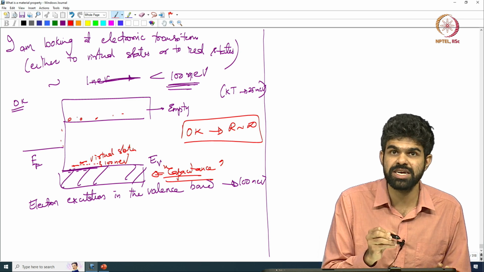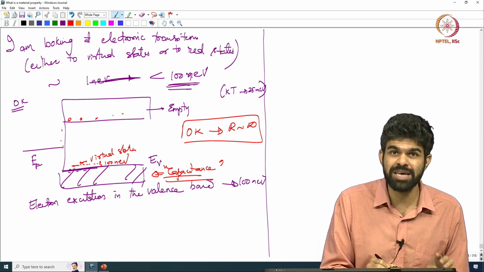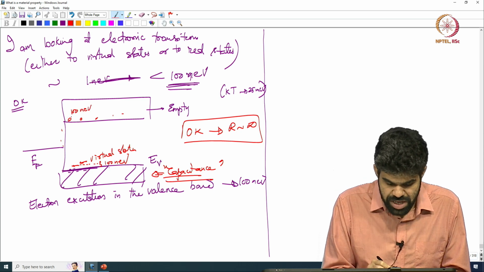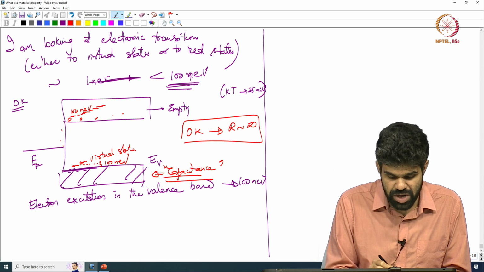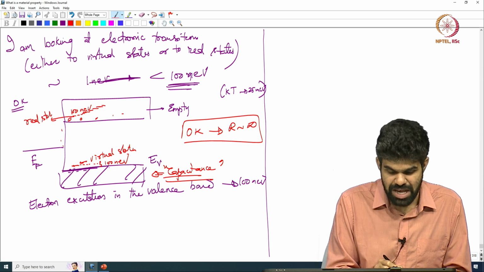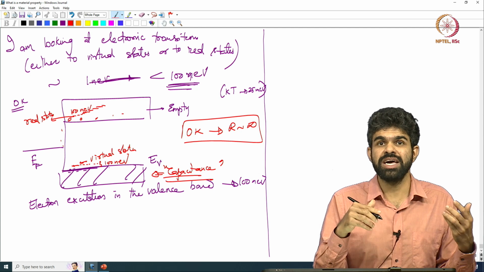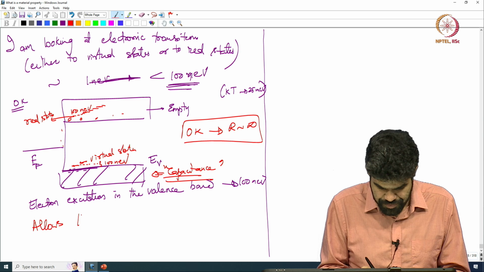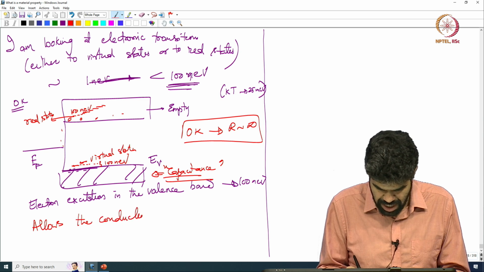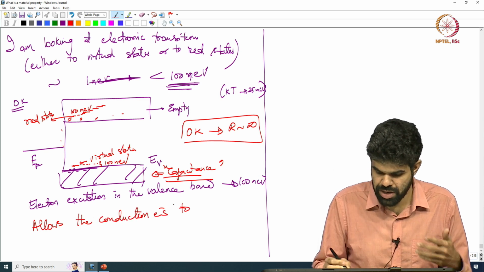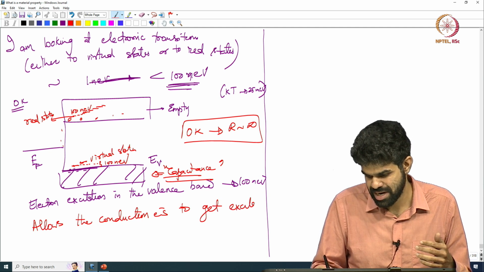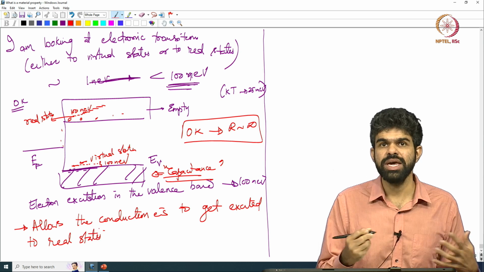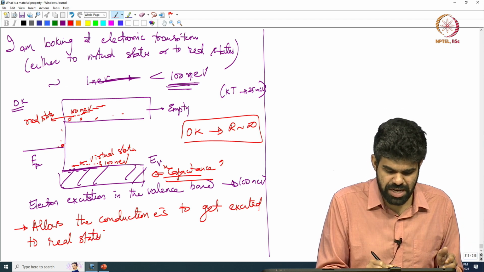At finite temperature I will have some thermal excitation of carriers into the conduction band. Since there are already carriers in the conduction band, I supply them an additional energy of about 100 nano electron volts. To these carriers there are so many states, these are all real states. So, my spectroscopic excitation allows the conduction electrons to get excited to real states, or an injected electron.